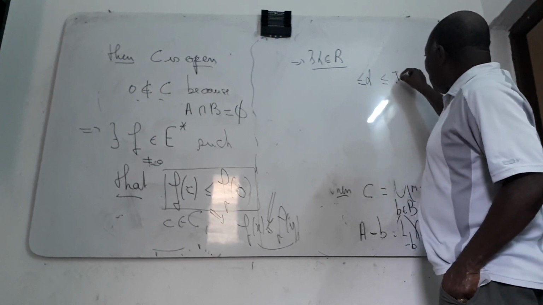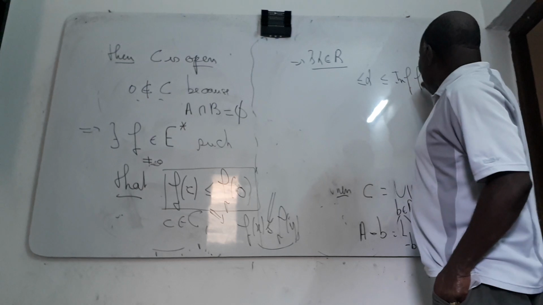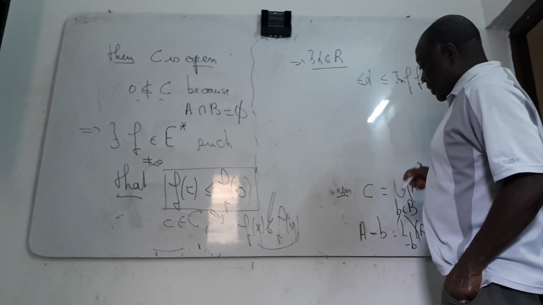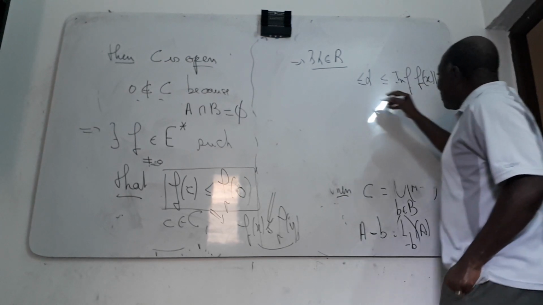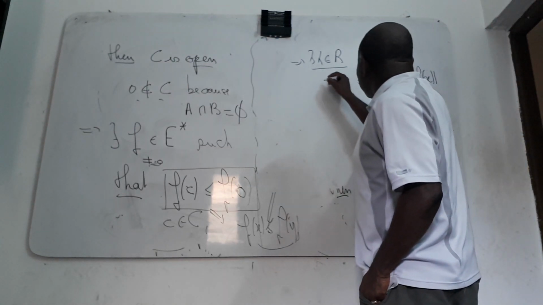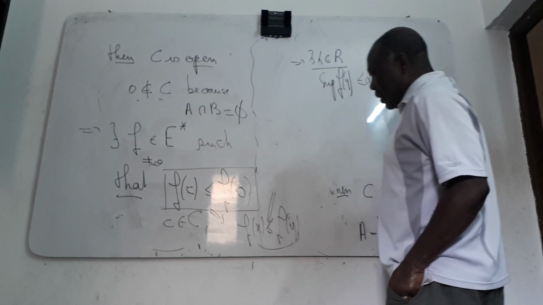You can get alpha in R such that the infimum of f of x, for x in A, is bigger than or equal to alpha, which is bigger than or equal to the supremum of f of y, for y in B. You have this condition.